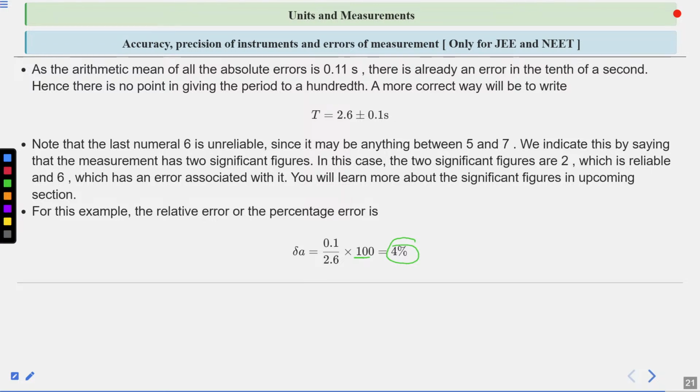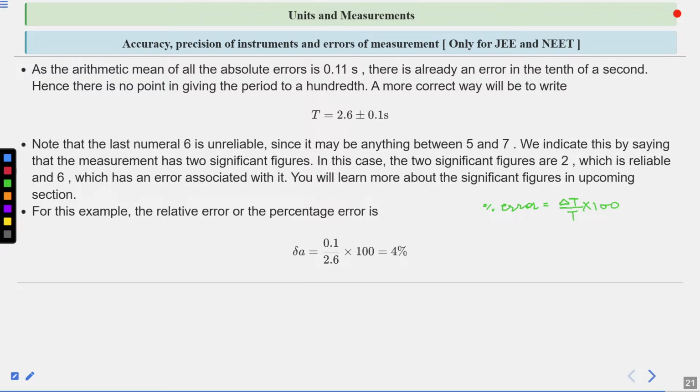So to calculate the percentage error, first of all you need to find the mean absolute error. So the percentage error is equal to delta t divided by t into 100%.